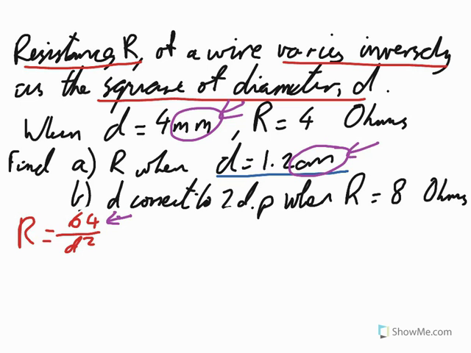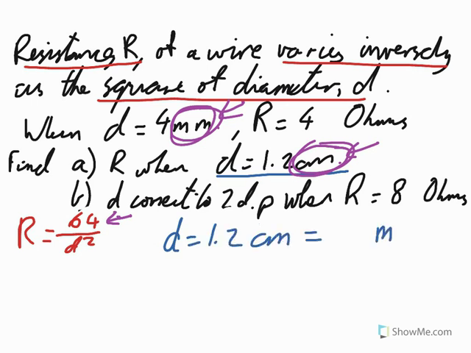We need to be working in the same units. So for our diameter, that's 1.2 centimetres.